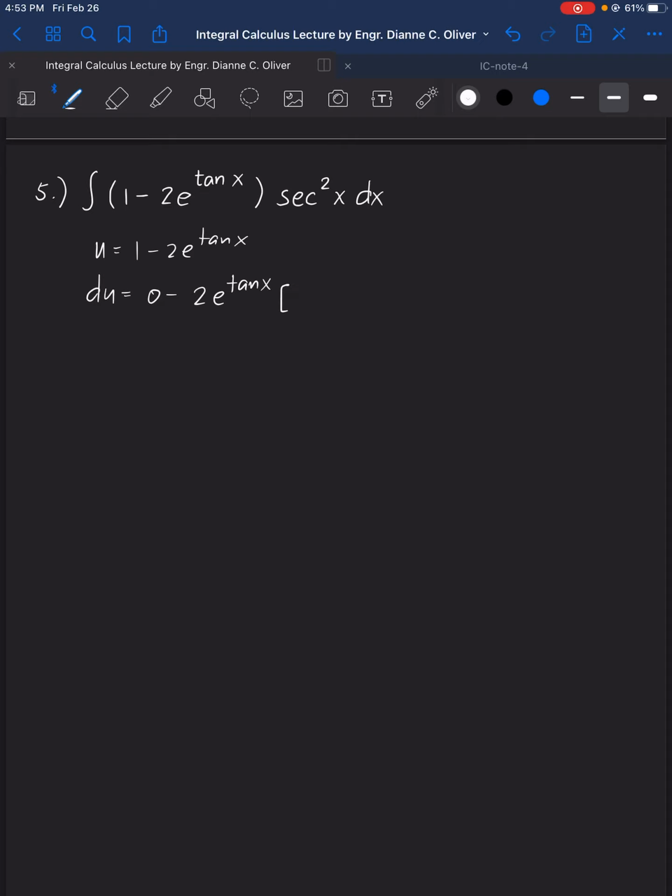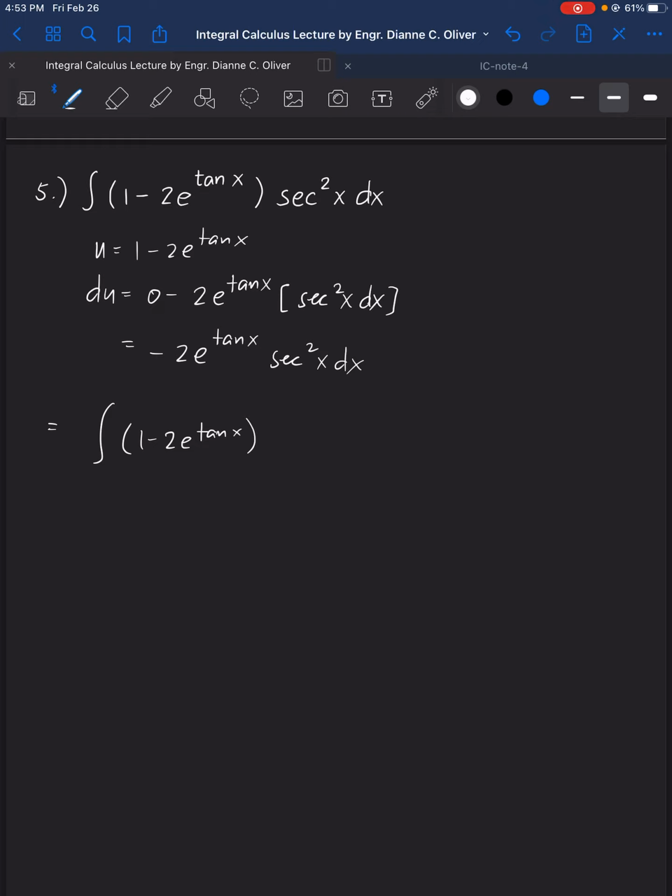Then what's the derivative of tangent x? We have it secant squared x dx. Therefore, du is negative 2e raised to tangent x secant squared x dx. Substitute. We have the u, which is 1 minus 2e raised to tangent x.